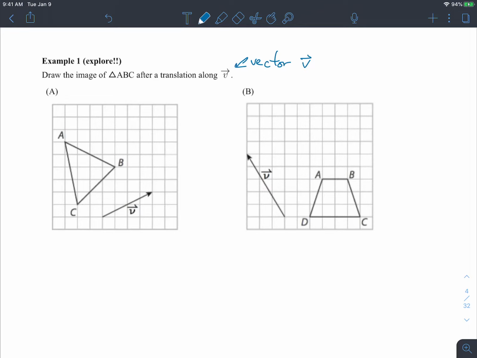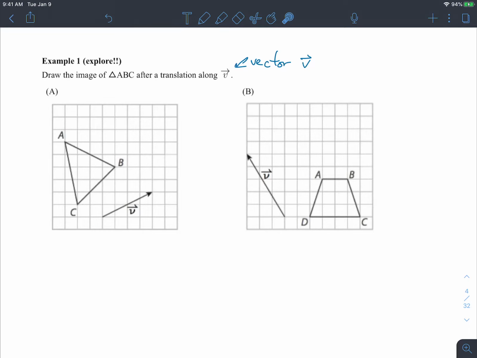This is from the textbook, so they figured it out, but I have not yet. I'll figure it out.